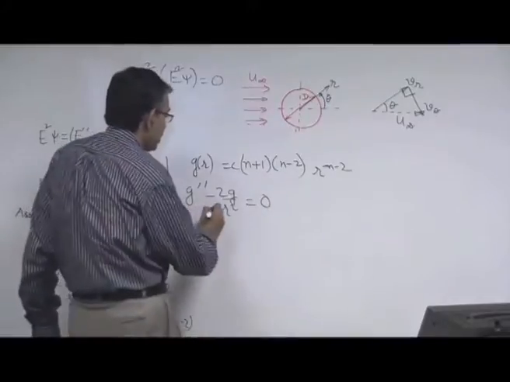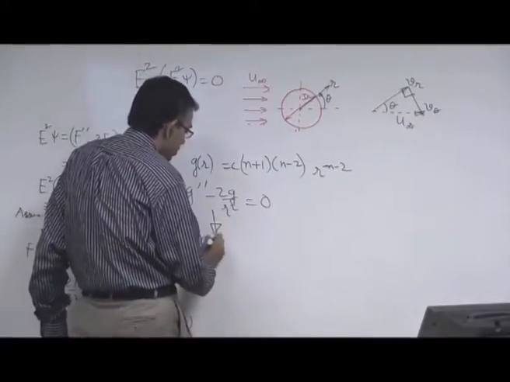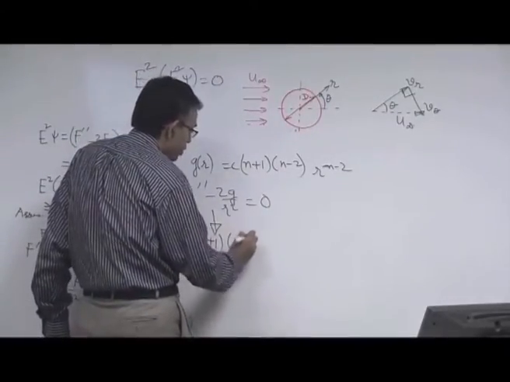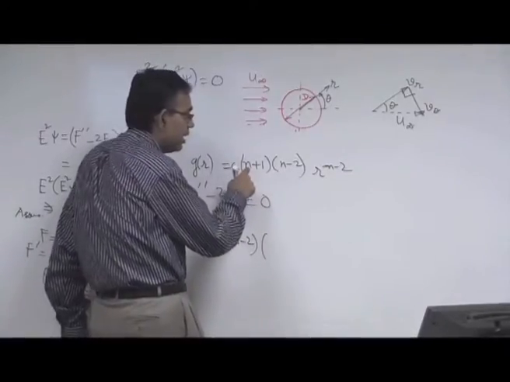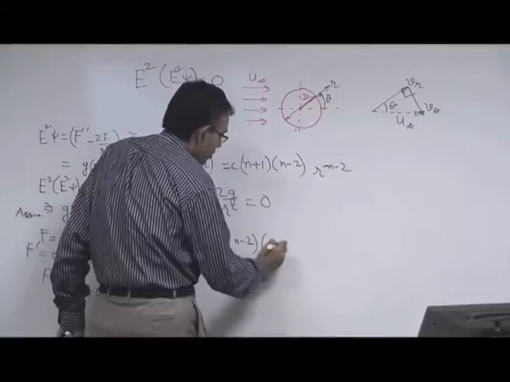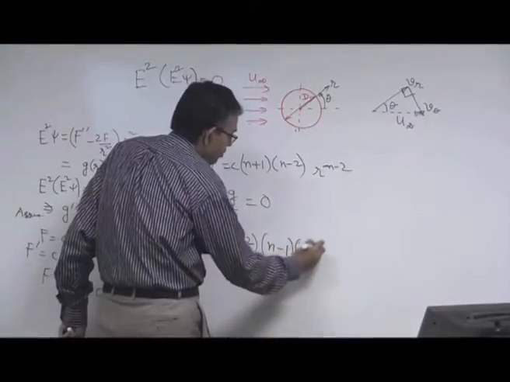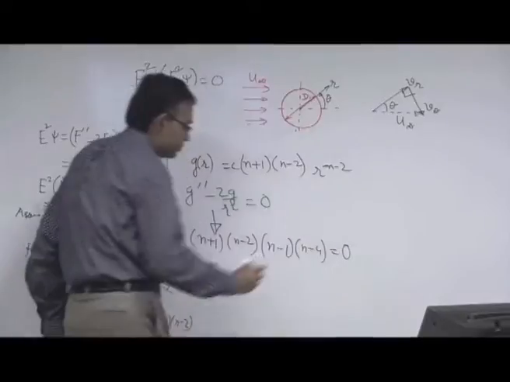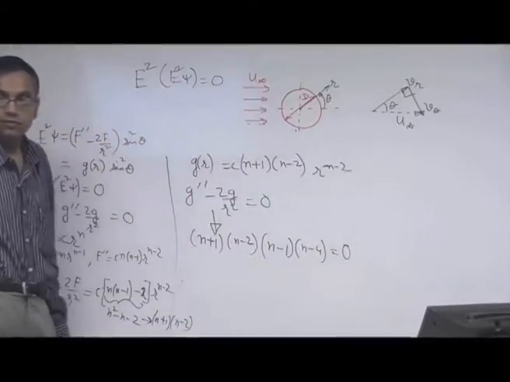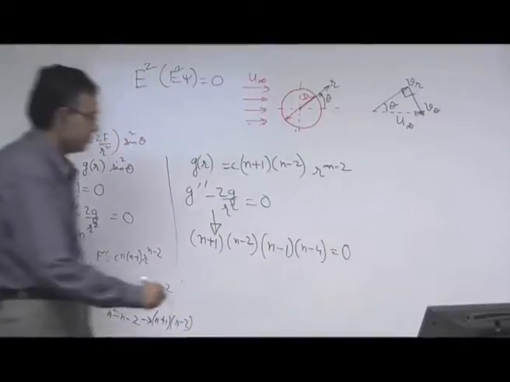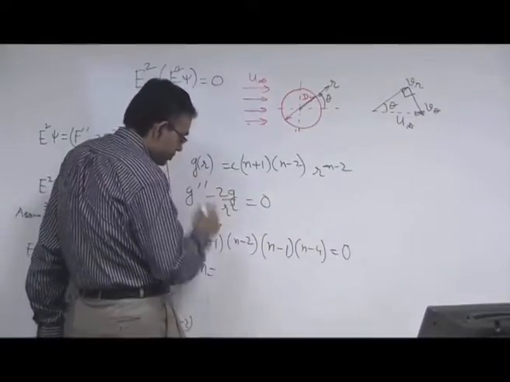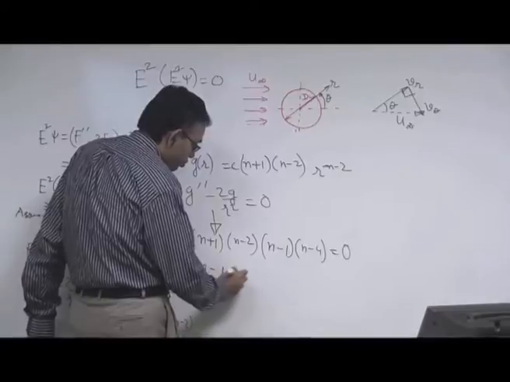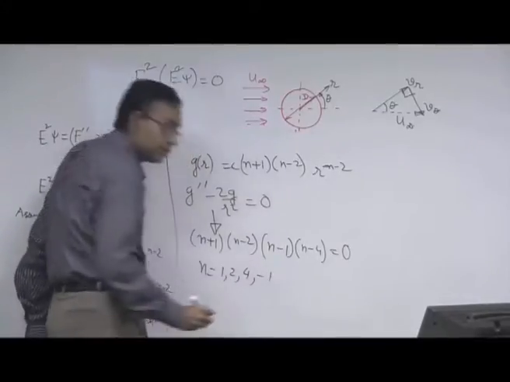So, eventually this will lead to n plus 1 into n minus 2, replace n with n minus 2. So, n minus 1 into n minus 4 equal to 0. So, you will get 4 roots for n. So, n is equal to 1, 2, 4, minus 1.